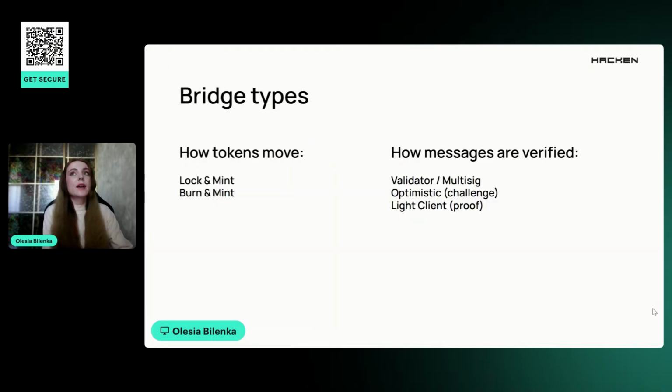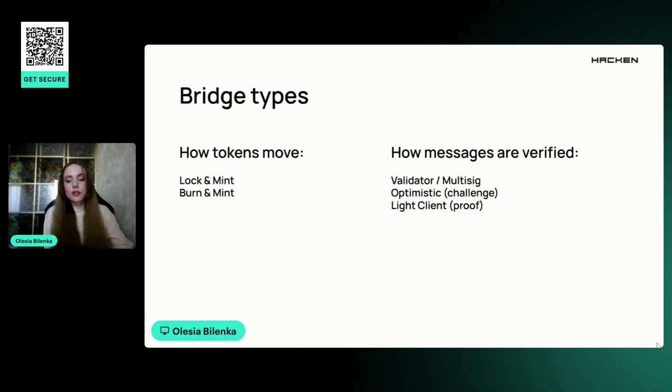So bridges have two main dimensions. The first is about how tokens move between chains. The most popular one is lock and mint, where tokens are locked on the source chain and minted on the destination chain. Another model is burn and mint. This is when tokens are burned on one chain and minted on another.